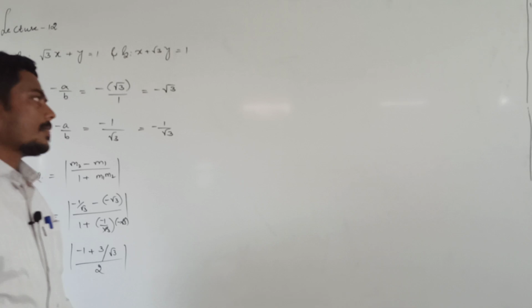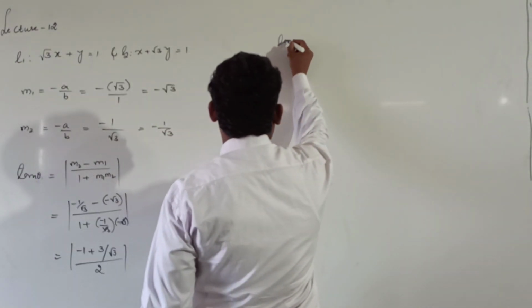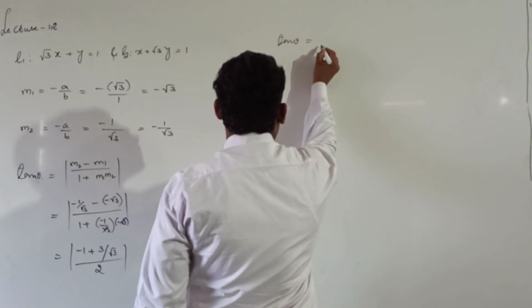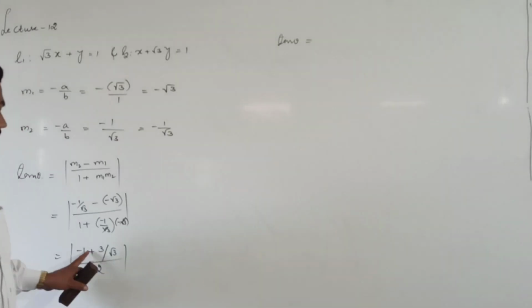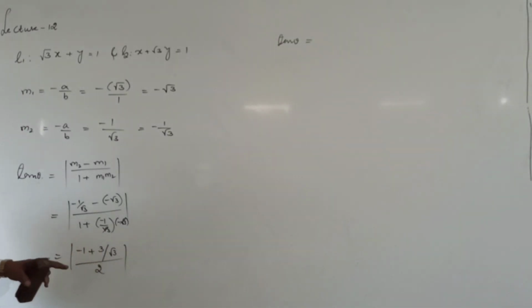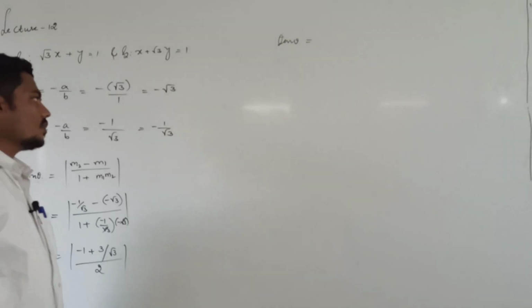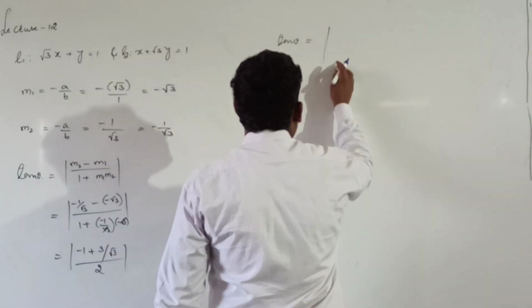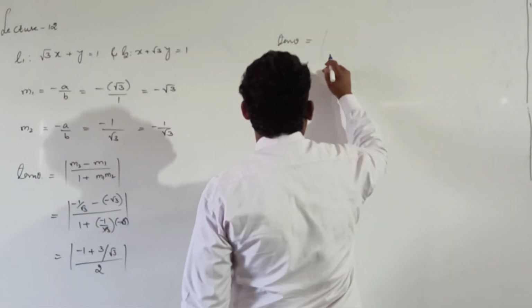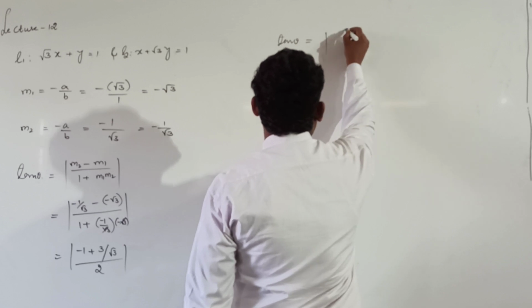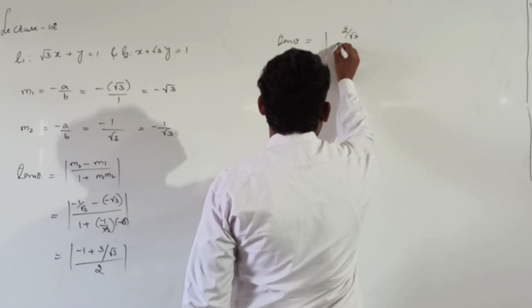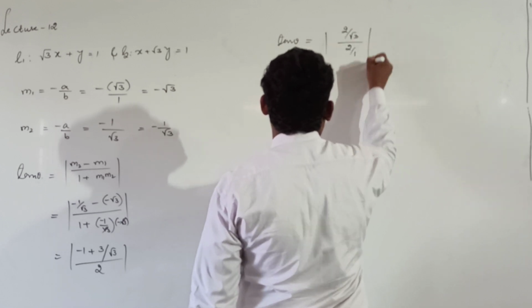Next continue. Tan theta is equal to minus 1 plus 3. Minus 1 plus 3 means clearly 2. Modulus of 2 divided by root 3 divided by 2 divided by 1.